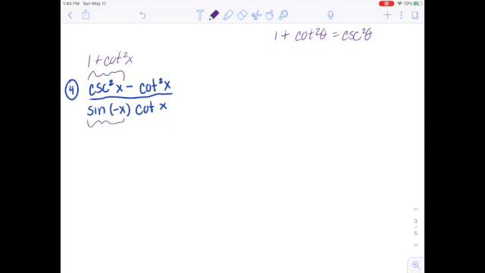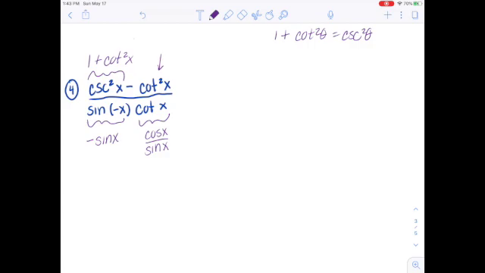And then I think of my negative angle identities, and I go sine of negative x. Well, that's equivalent to negative sine of x. And what else can I do? I see a cotangent. I could switch that maybe to cosine of x divided by sine of x.